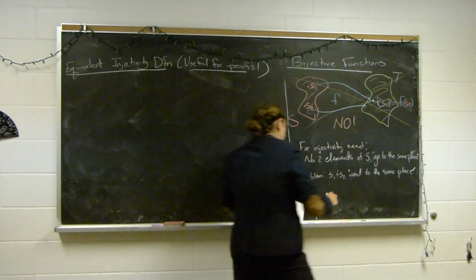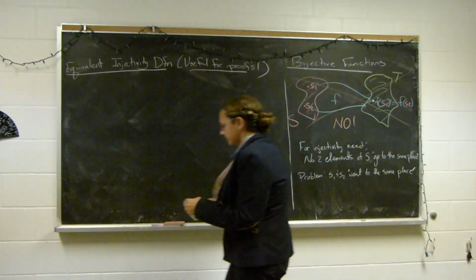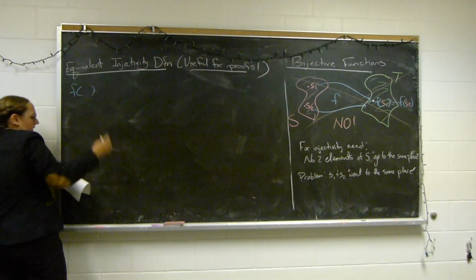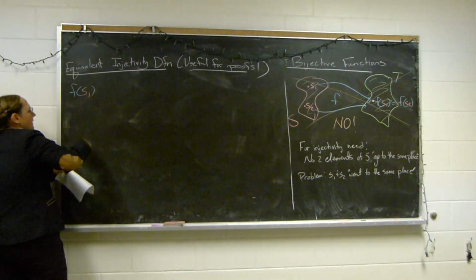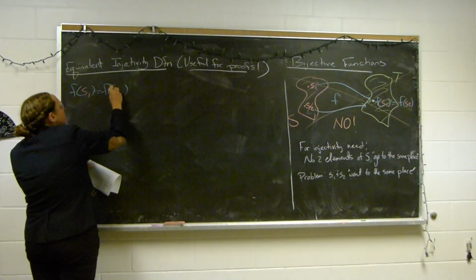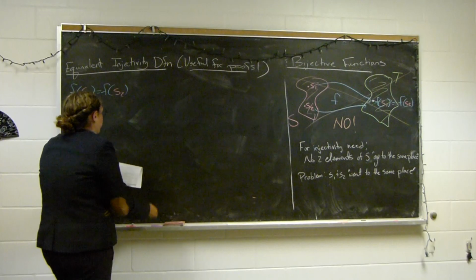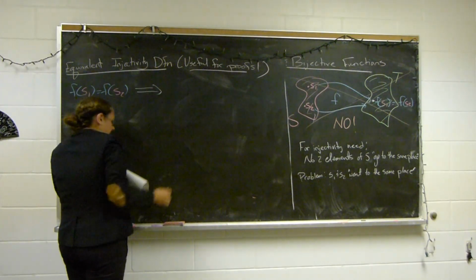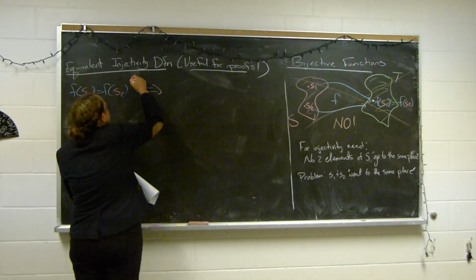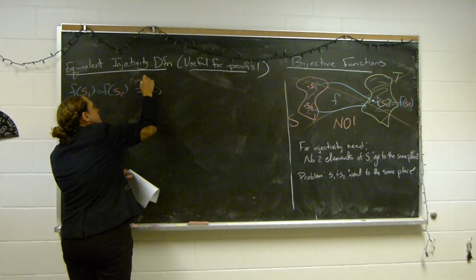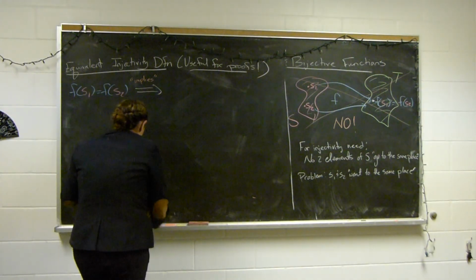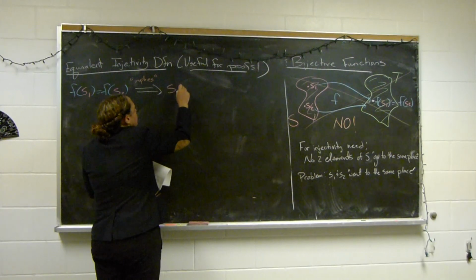Here we go. So we have that if f of s1 equals f of s2, then this implies, if you're not familiar with this symbol, this is the implies symbol, that s1 equals s2.